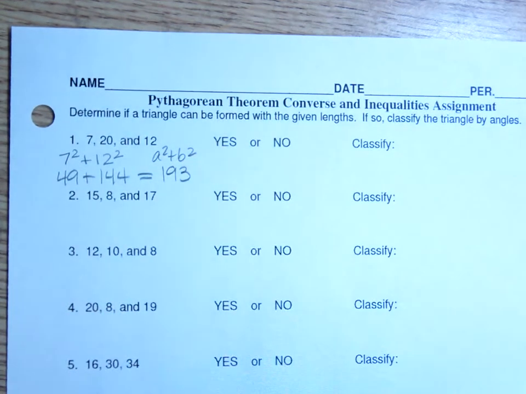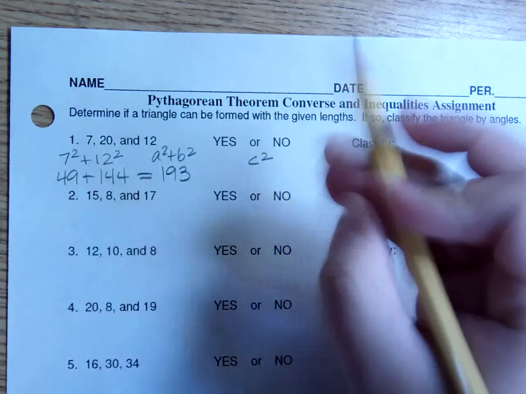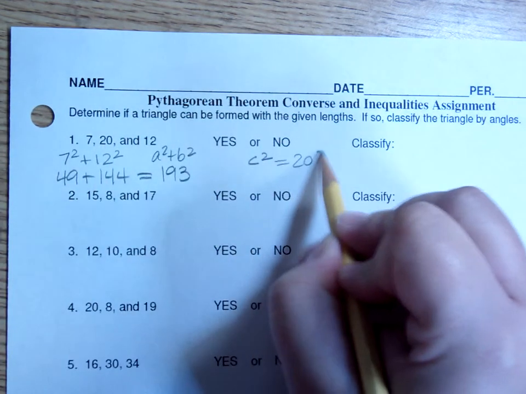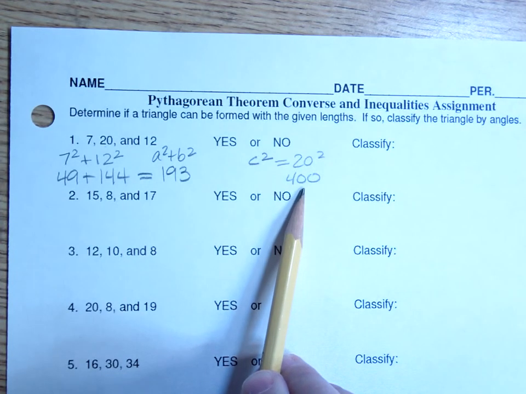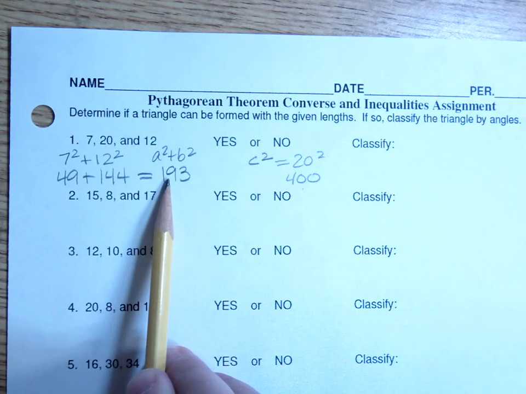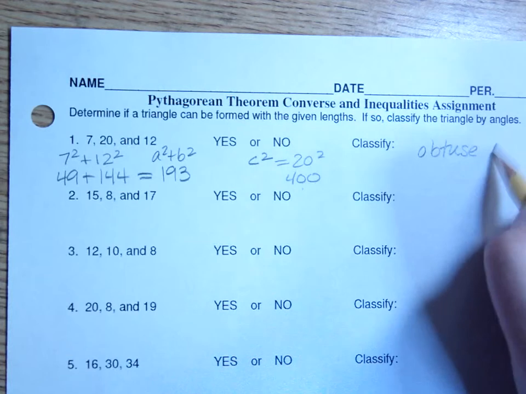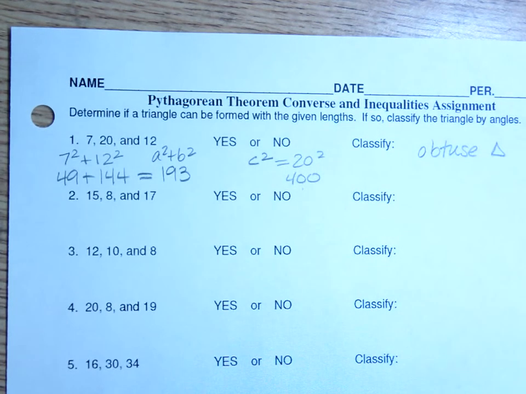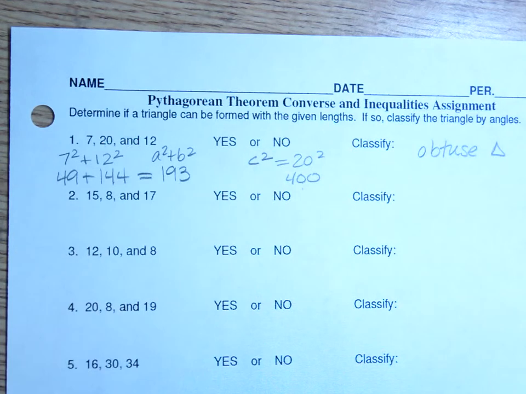And now I'm going to do C squared. C squared is 20 squared, so that's 400. So the question is, is the C squared bigger, smaller, or the same as A squared plus B squared? Bigger means obtuse. I'm skipping the whole yes or no for right now. We're just looking at, is it right, acute, or obtuse?